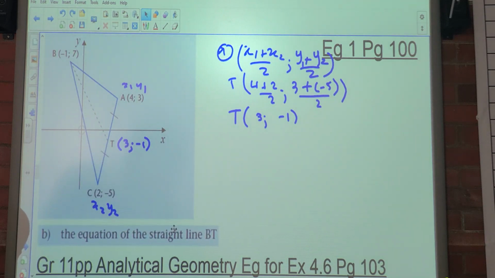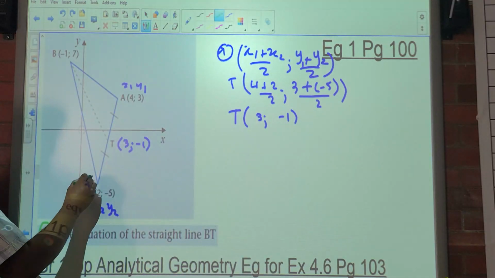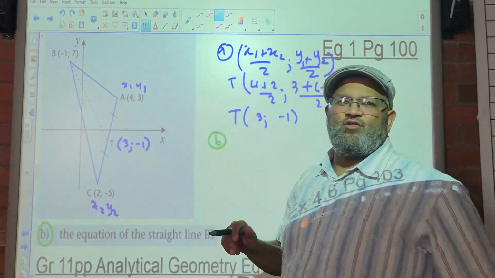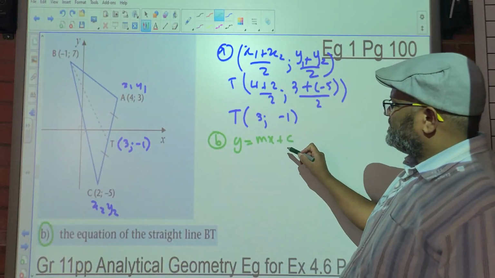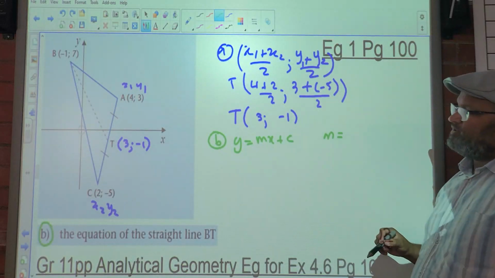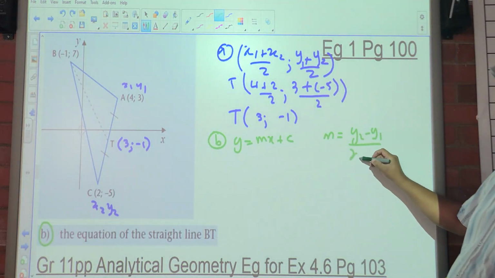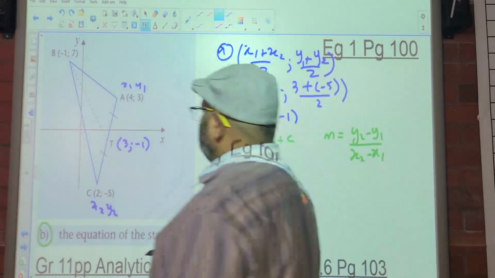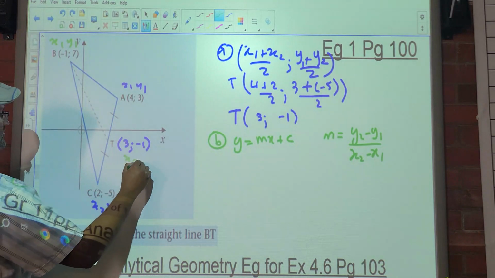In B, we are asked to calculate the equation of the straight line BT. The equation of a straight line will be in the form y equals mx plus c. How do we calculate m? Your gradient, which is y2 minus y1 over x2 minus x1. You all agree with that? So if that is x1, y1, this is of course x2, y2.